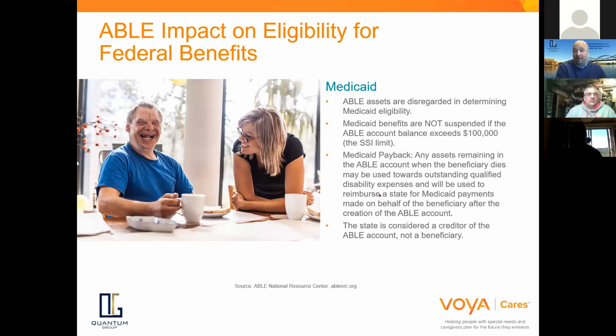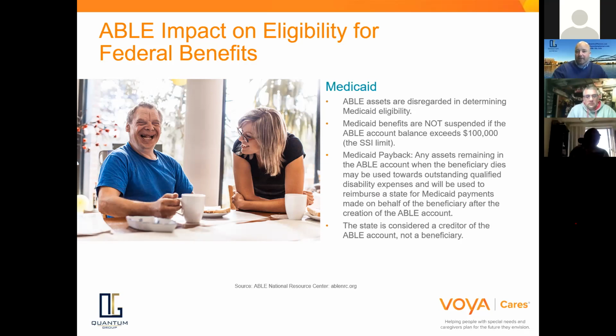The only thing that Medicaid has that is sometimes perceived as a negative for an ABLE account is that Medicaid can claw back funds out of the ABLE account upon the passing of the beneficiary. So if the beneficiary has $10,000 in an ABLE account and passes away, Medicaid can have claim to the assets in the ABLE account, but it's with a caveat.